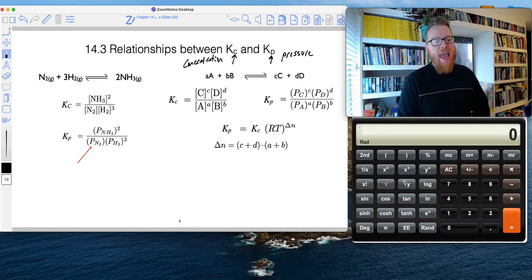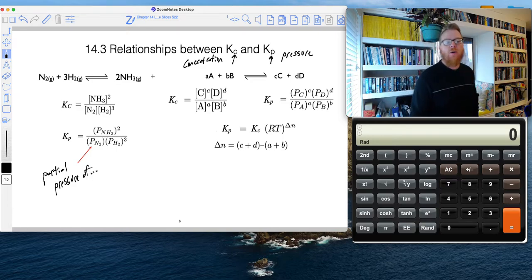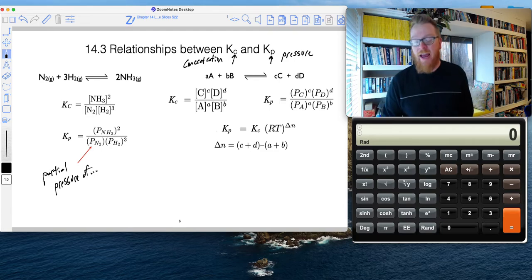Well, we can write Kp in the exact same way, but now all of these P's right here, for example, P sub N2, that is the partial pressure of whatever species we're talking about, right? So I'll say of dot, dot, dot. So if we were doing this, you notice here, these are all gases in this reaction.